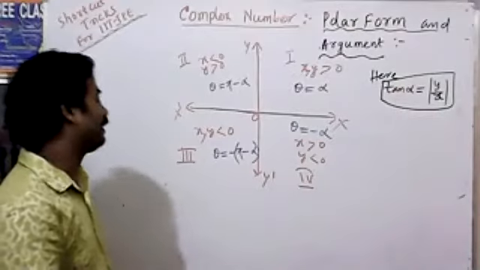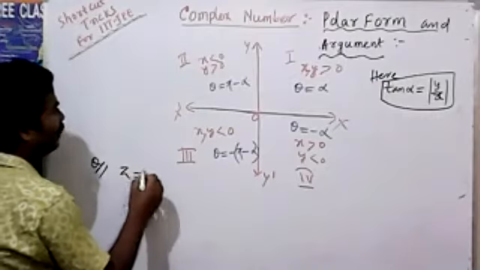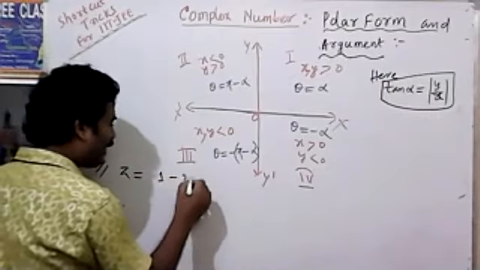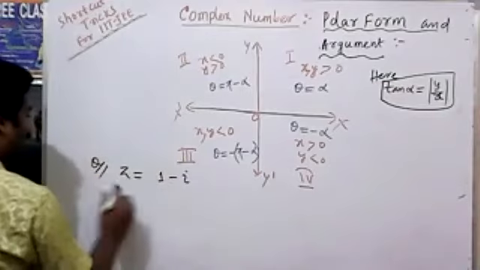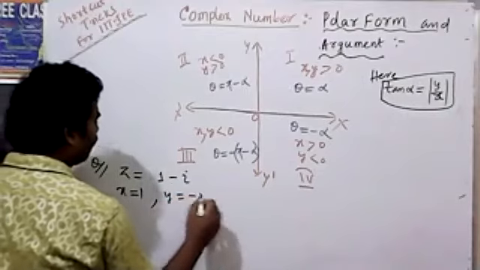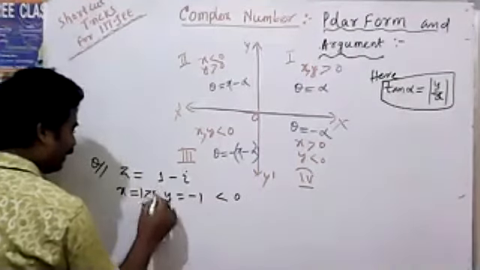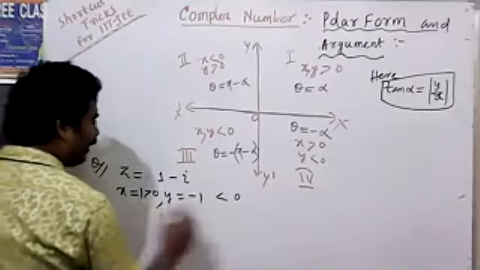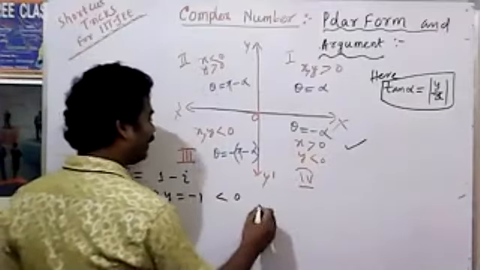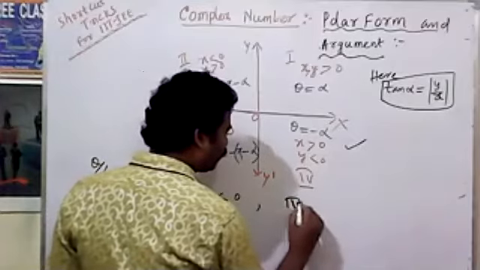If the question given is z equal to 1 minus i, here x is equal to 1 and y is equal to minus 1, which means x is greater than 0 and y is less than 0. It means it is in which quadrant? x greater than 0, y less than 0. That means the fourth quadrant.